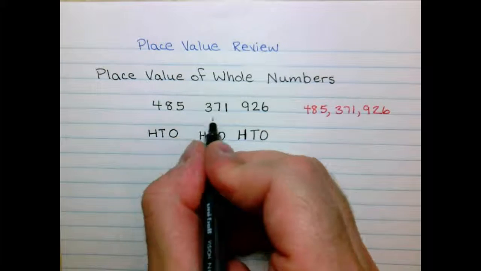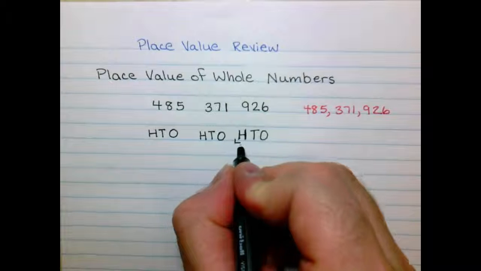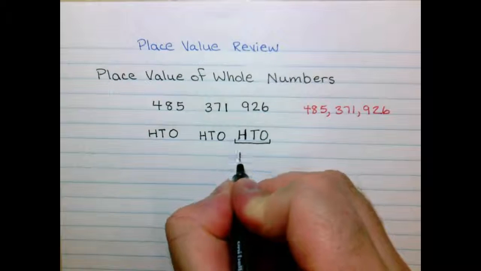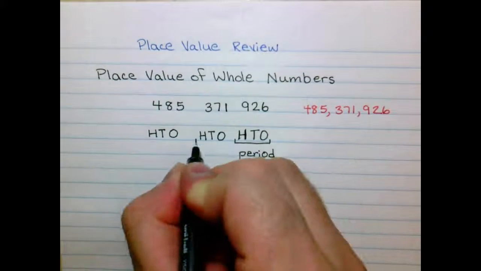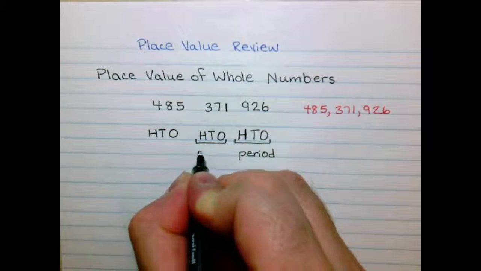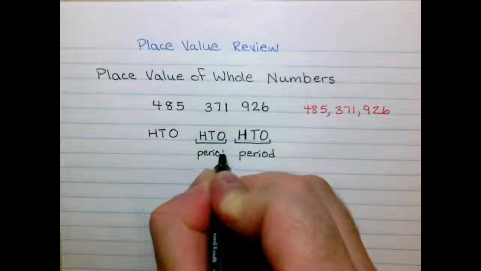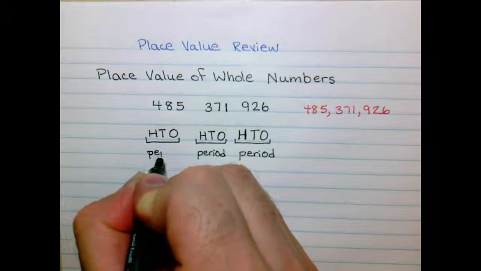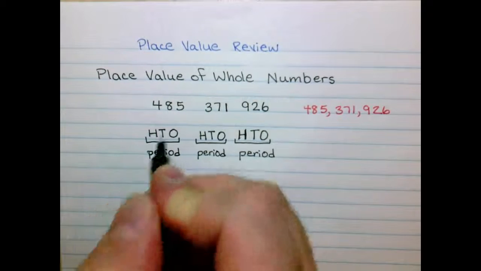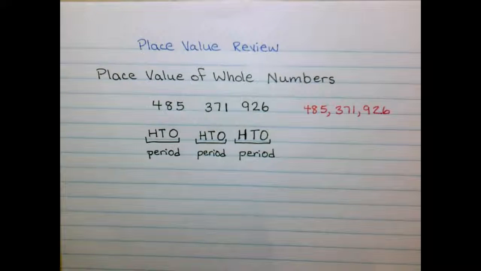These groups of 3 numbers, these hundreds, tens, and ones, are called periods. So this is a period. These 3 numbers together are a period. And these 3 numbers together would be a period. Our number could go on, and we could keep adding periods.